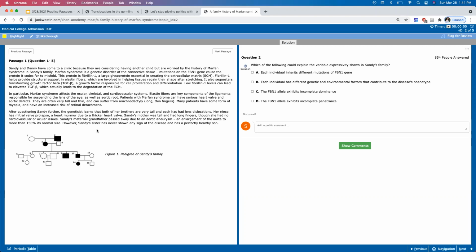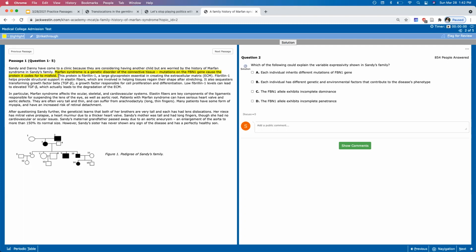I was a little bit confused on A because in the paragraph, in the second sentence, they say mutations in the plural form. So would it be a different kind of mutation on that gene? Are you talking about here, patients? The first paragraph, second sentence. Oh, okay. Toward the end they say mutation on the FBN gene caused the protein to misfold.